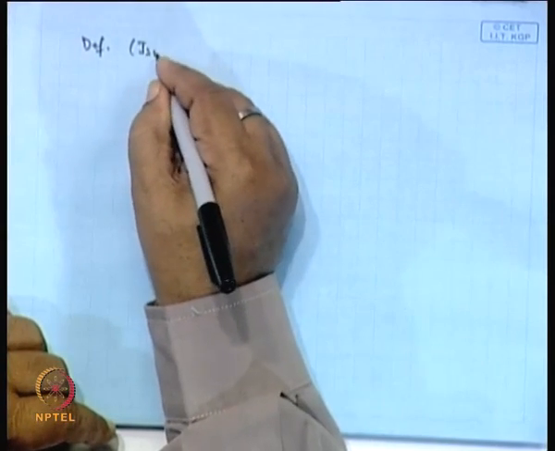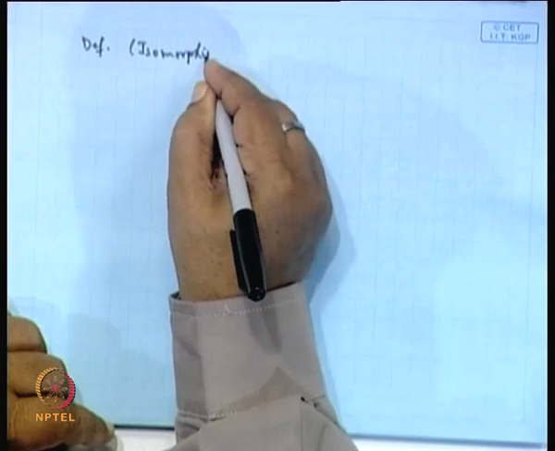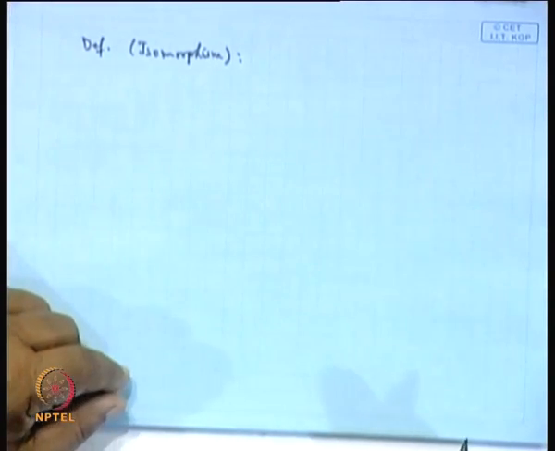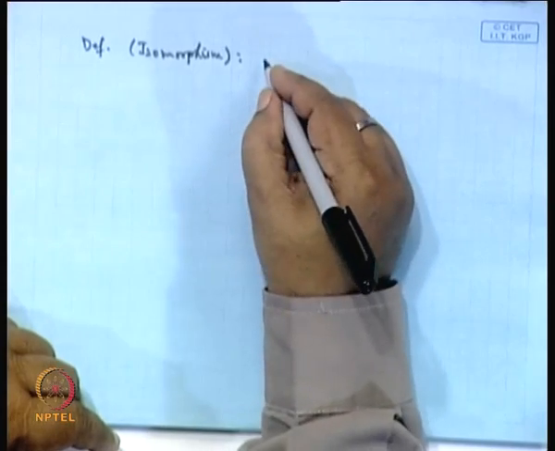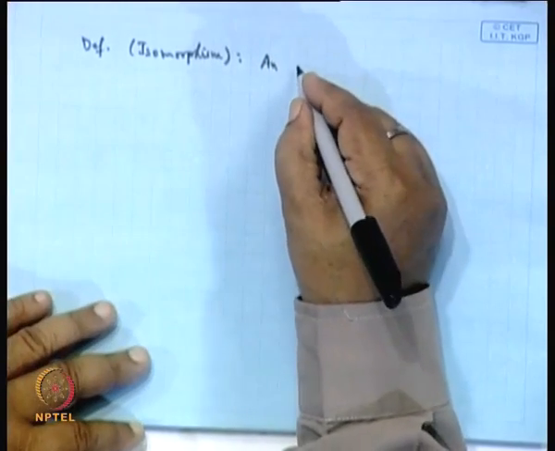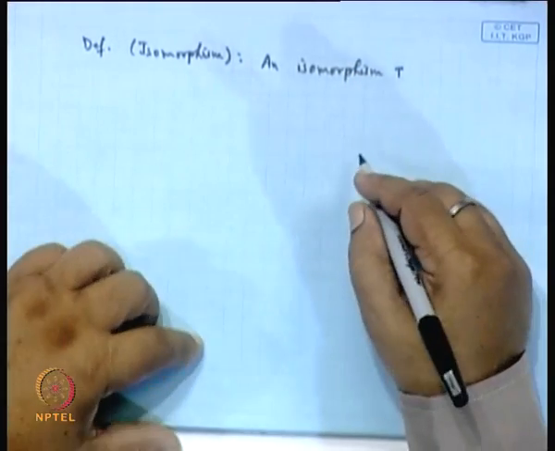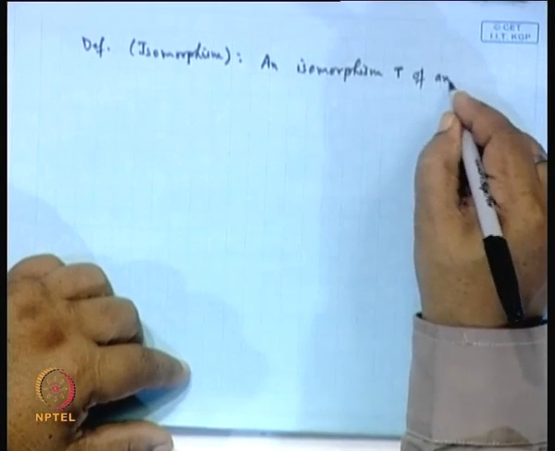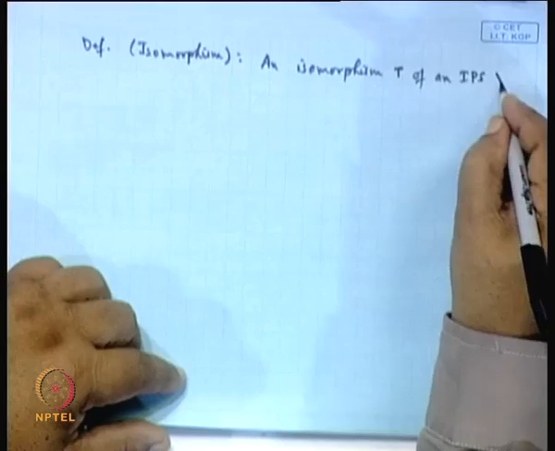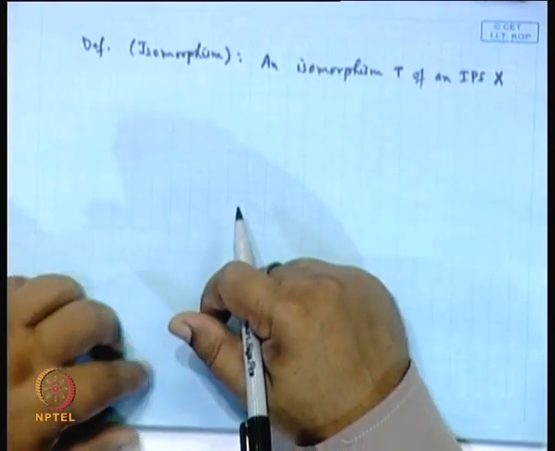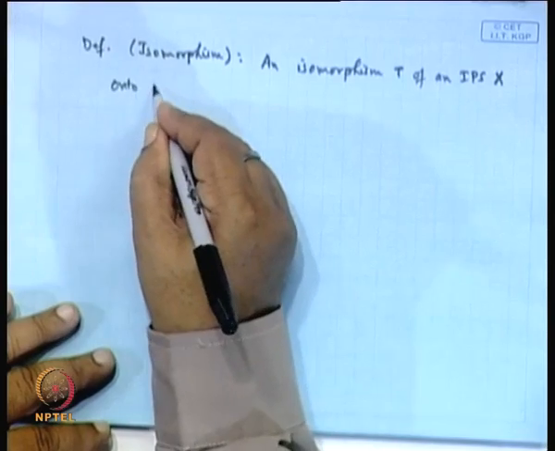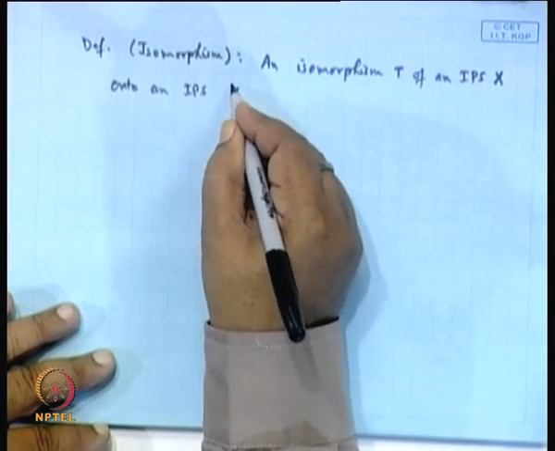So before going for the completion, we require the definition of isomorphism. We define the isomorphism over inner product as follows: an isomorphism T of an inner product space capital X onto an inner product space X delta.